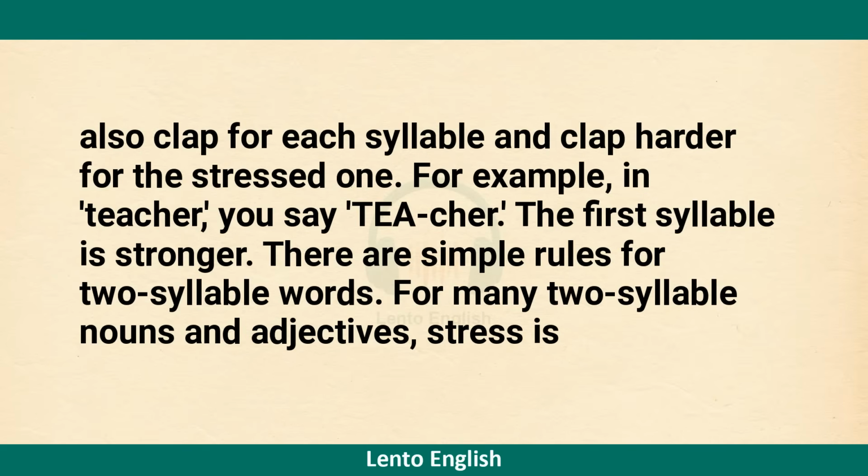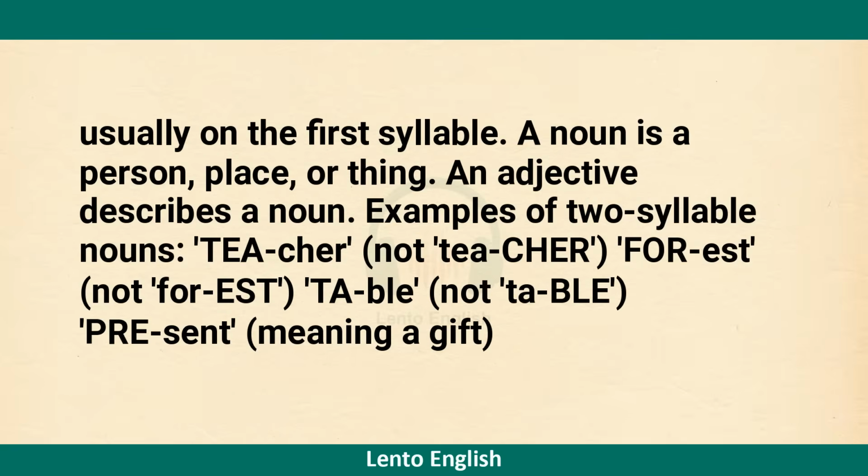There are simple rules for 2-syllable words. For many 2-syllable nouns and adjectives, stress is usually on the first syllable. A noun is a person, place, or thing. An adjective describes a noun.